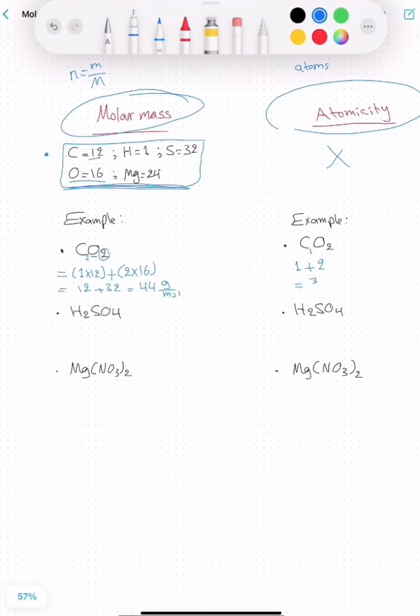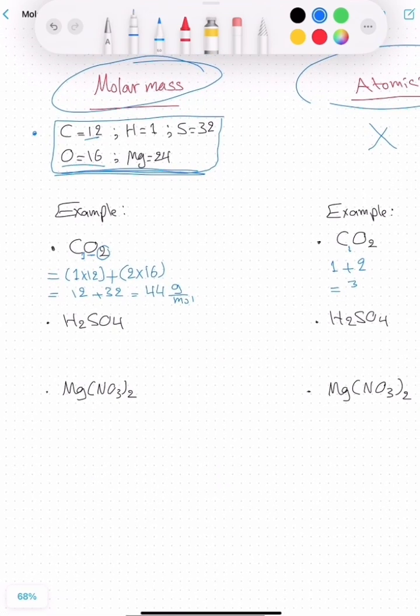Let's go to the second example, H2SO4. How would you calculate the molar mass of H2SO4? How many hydrogens do we have? 2. So 2 times, how much is hydrogen? Here, it's 1. So 2 times 1 plus, how many sulfurs do we have? 1. 1 times, how much is sulfur? 32. Plus, how many oxygens? 4. How much is oxygen? 16.